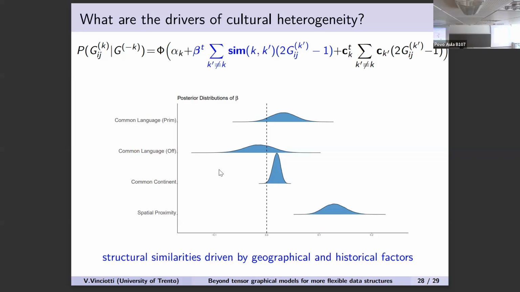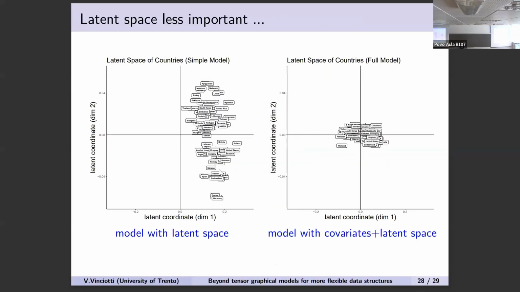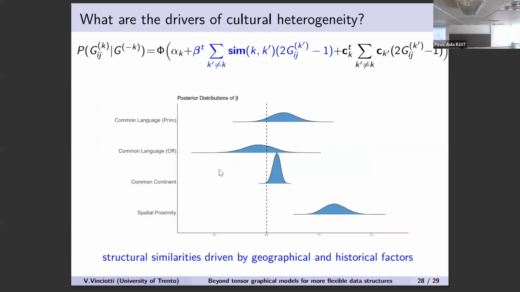So when you put interesting variables in, the rest is all around zero and not just noise. On the right here you have the plot of the latent part of this model.